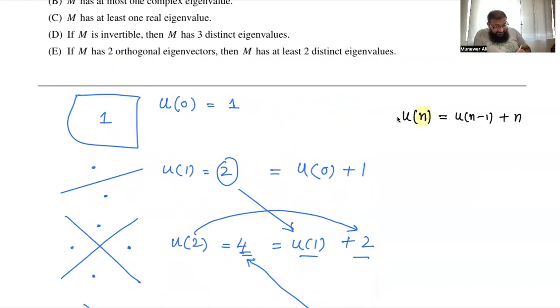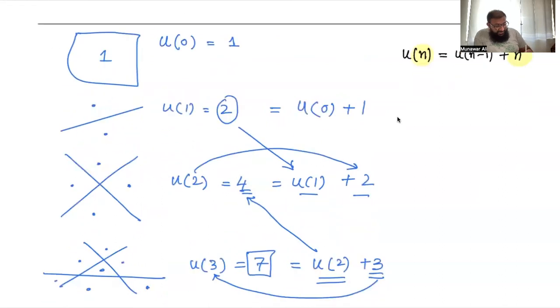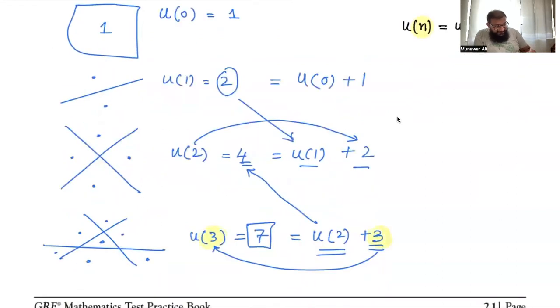Whatever your number here is, same n here, you can see 3, 3, 2, 2, 1, 1. And this n minus 1 is 1 less than n. So this 1 becomes 0, this 2 becomes 1, and this 3 becomes 2.